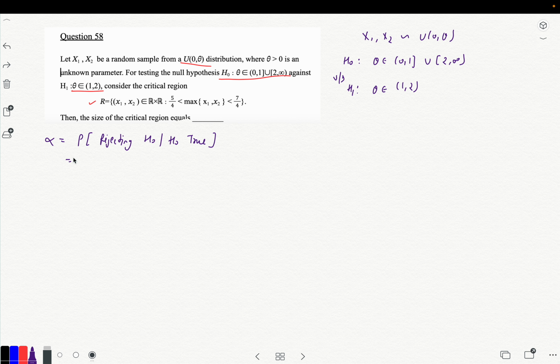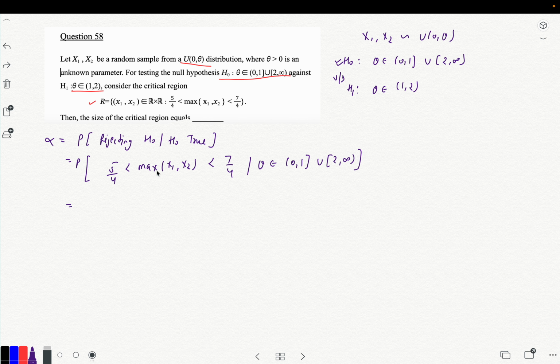I am already given the critical region, so I can use it: 5 by 4 less than maximum of X1, X2 less than 7 by 4, and when H naught is true. H naught is true means we take the theta corresponding to the null hypothesis, that is theta belongs to (0, 1] union [2, infinity).